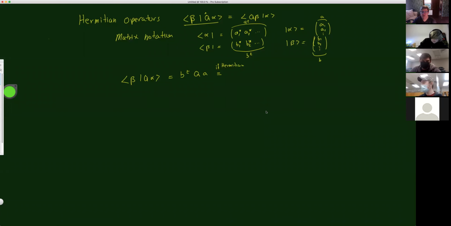Okay. So we were talking about how Hermitian operators work in this formalism, right? And we said here that if it's Hermitian, you can take the operator and put it onto the beta.